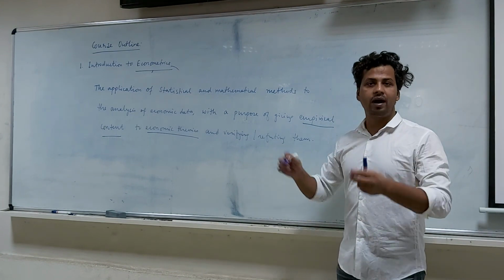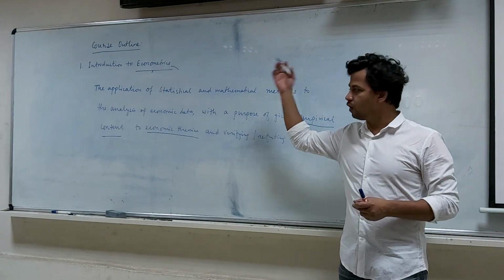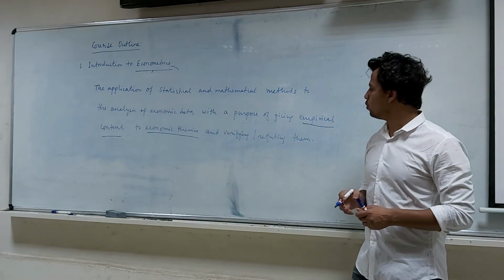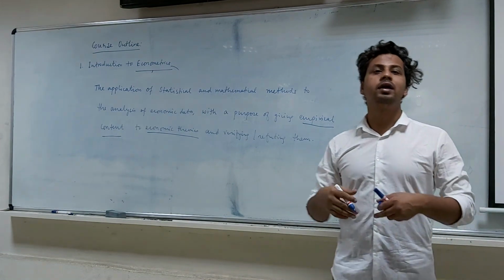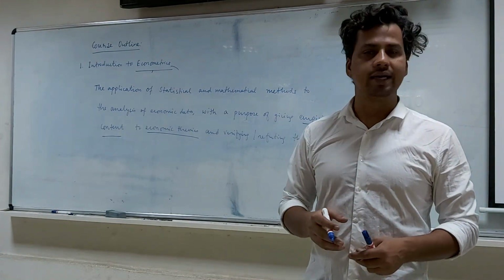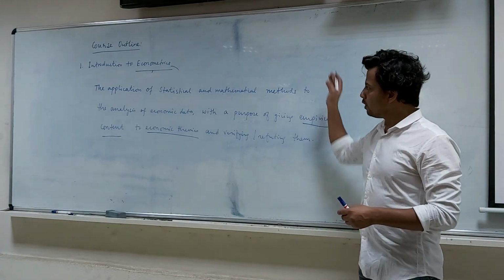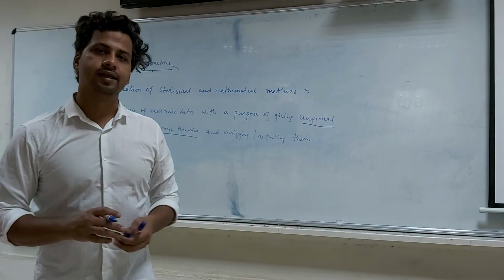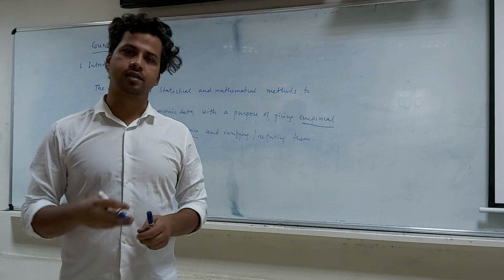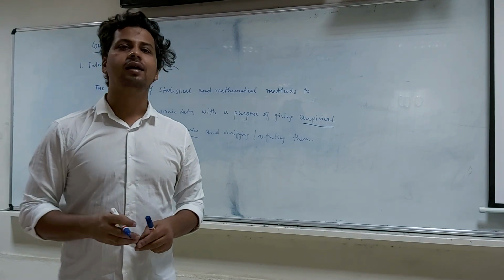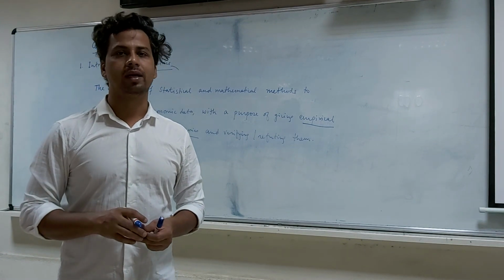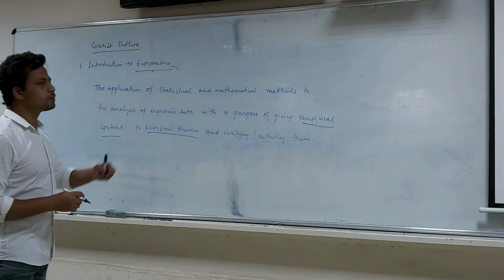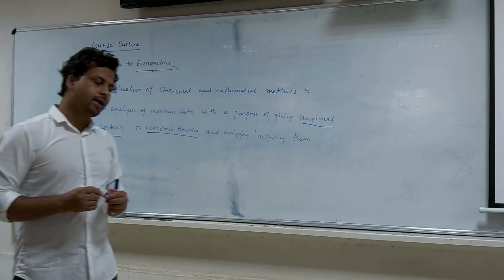Either you verify the validity, saying that the proposed statement is true, or you refute the claim proposed by researchers. So that's how econometrics can be understood as the unification of three things: mathematical methods, statistical tools, and the general theory of economic behavior, or general economic theory. So this is precisely what we mean by econometrics.